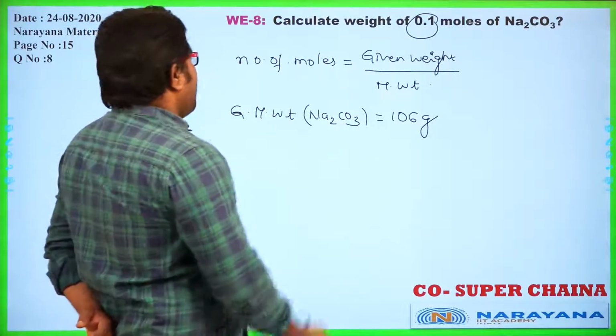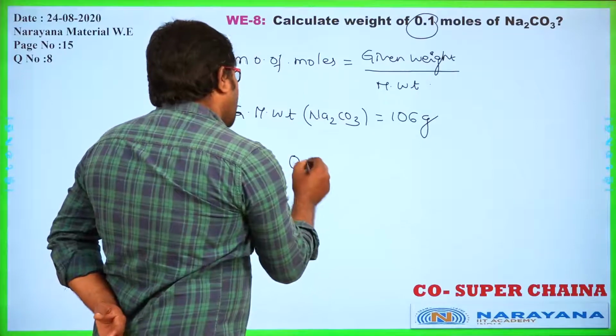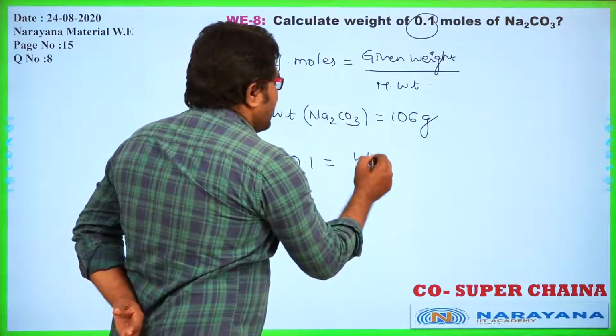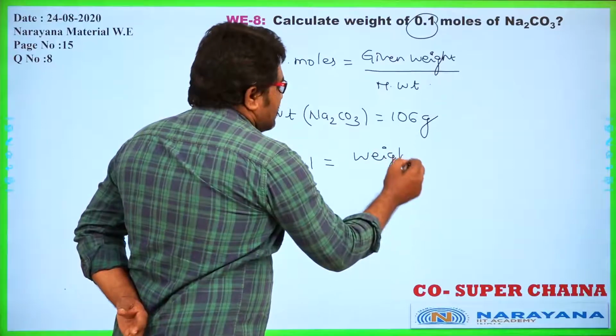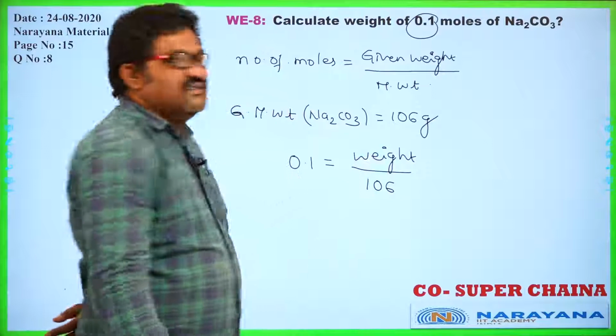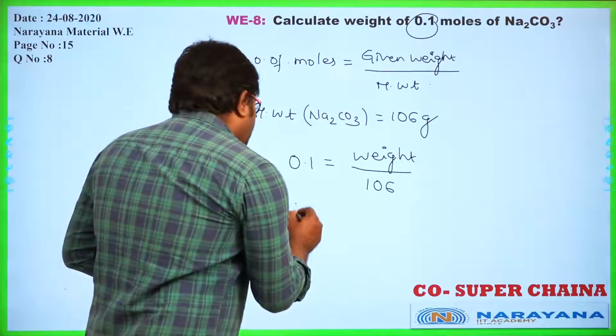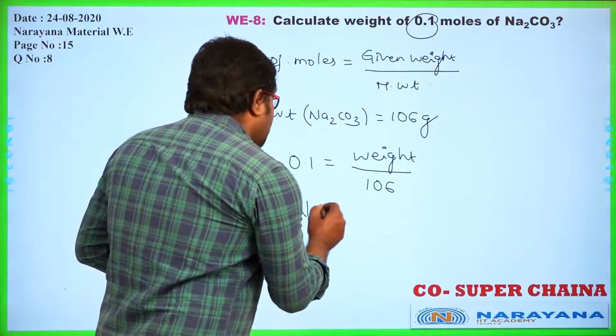Now, he has given the number of moles, small n value is 0.1, and we don't know the given weight, but we know the molecular weight from the molecular formula. So what is the weight of the substance?